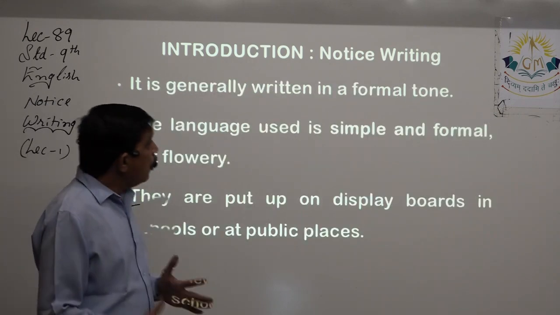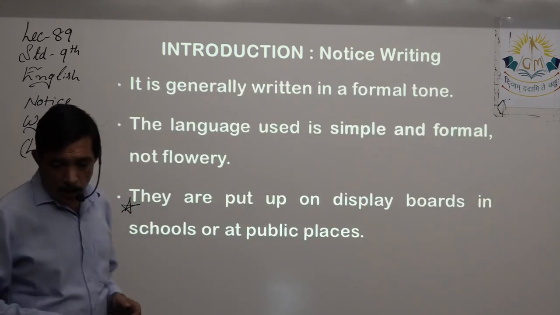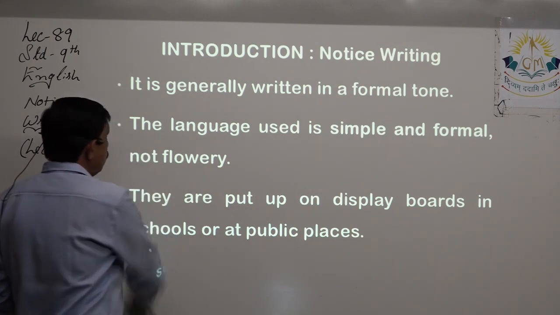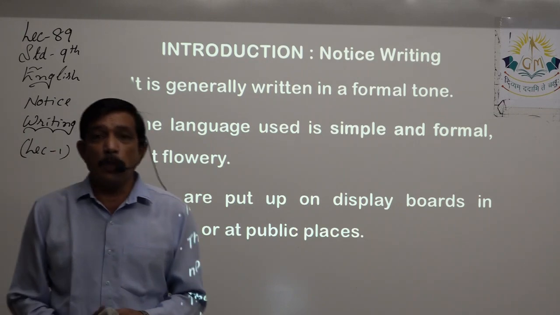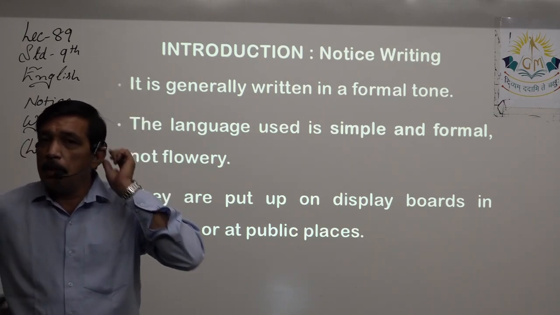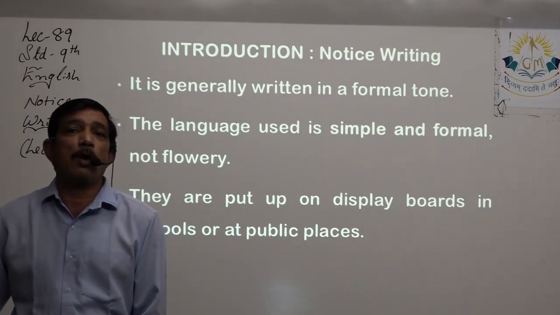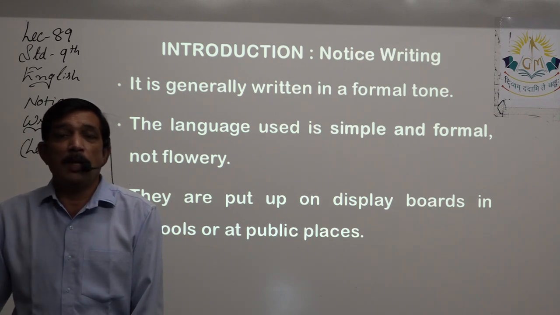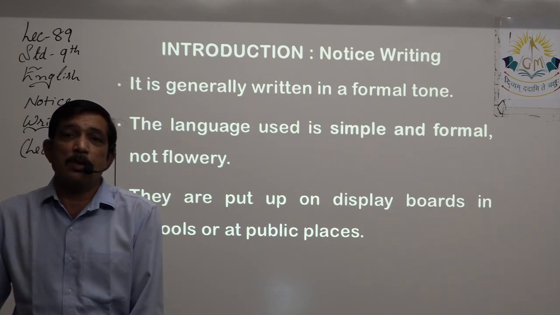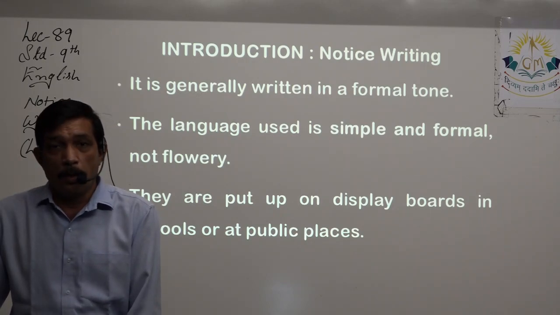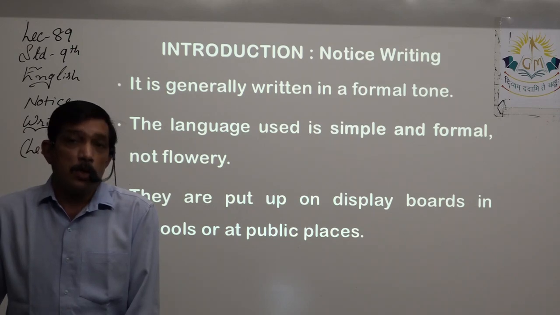Now we come to the section where we are using our language. Which sort of language are we going to use? The first thing is a formal tone. It should not be an informal tone. You do not write, we like all the students and we love all the students, and that is why we are arranging this competition. No, this has to be a very, very formal tone.